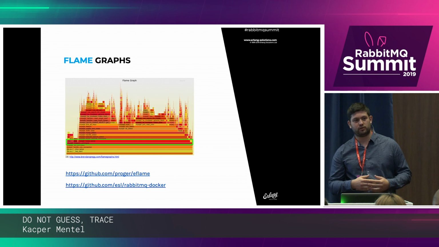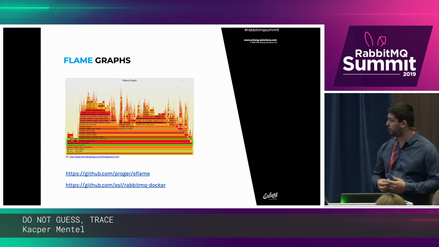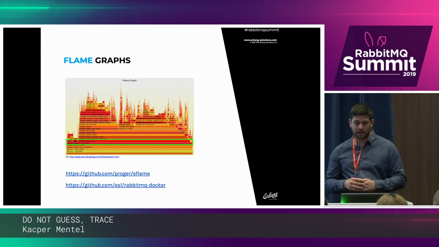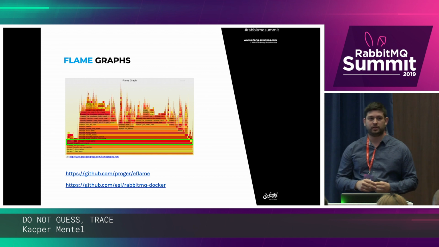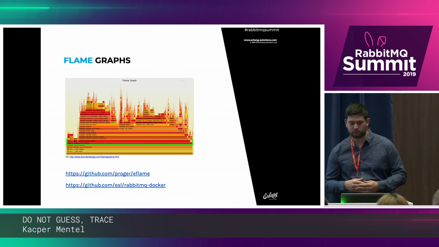So there was a question: how could we inject that library into our RabbitMQ Docker image? So we created a RabbitMQ Docker repository that makes it easy to build a RabbitMQ Docker image with modified or custom RabbitMQ source code.